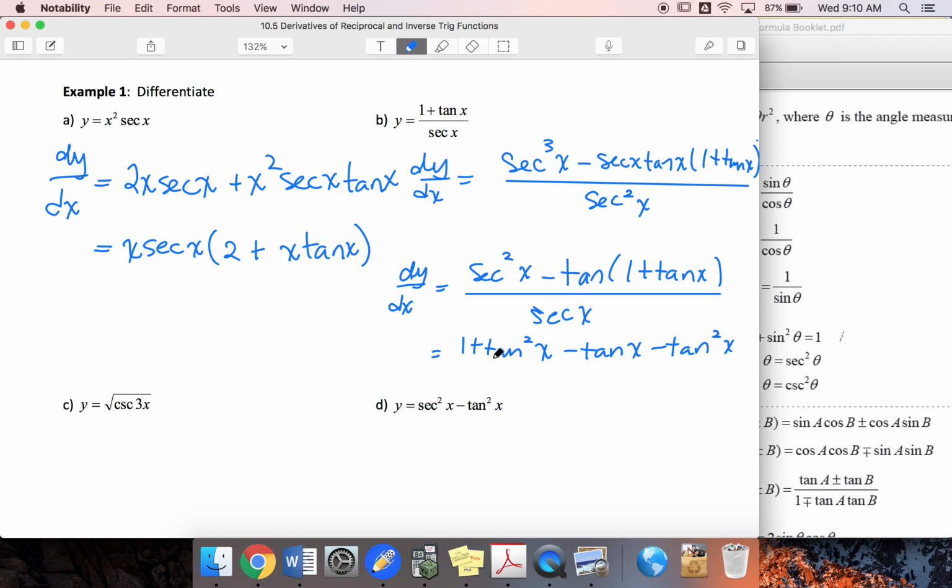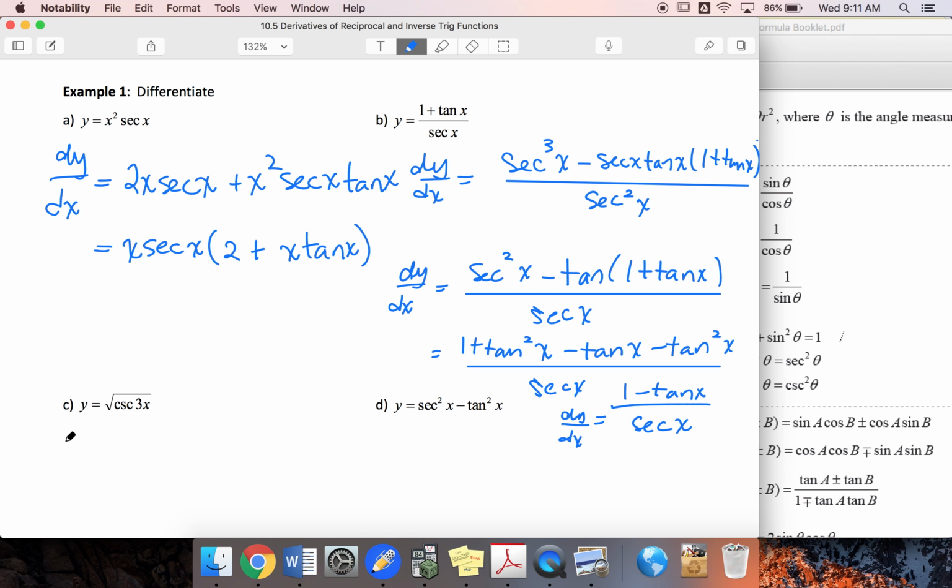So I can see that those are going to cancel all over my secant x. So cancel out the tan squareds. I'm going to have 1 minus tan x over secant x. Notice that's a really interesting derivative that happens, that the derivative of this turns into 1 minus tan over secant. Awesome.